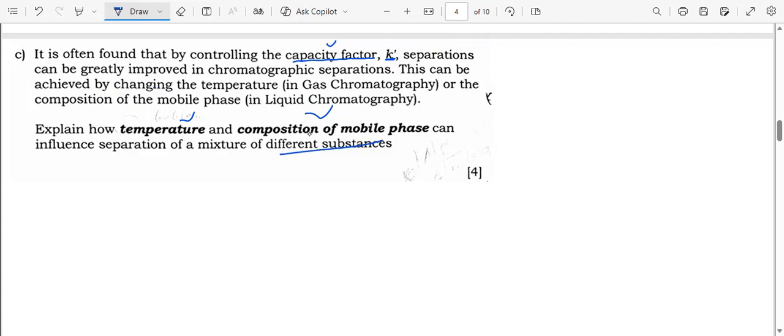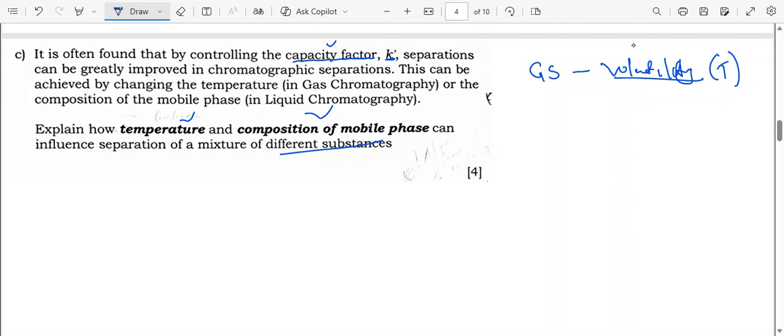In gas chromatography, GC, temperature affects the volatility of the substances.